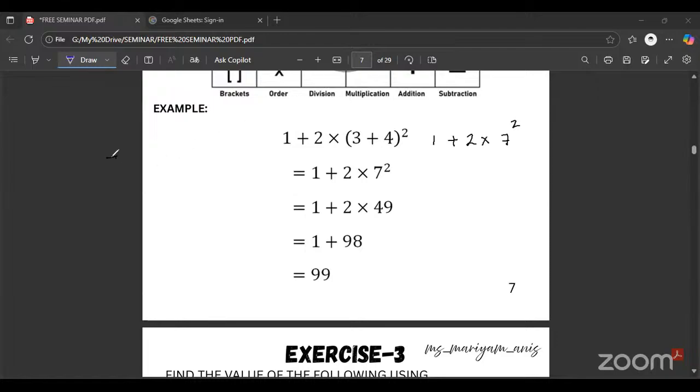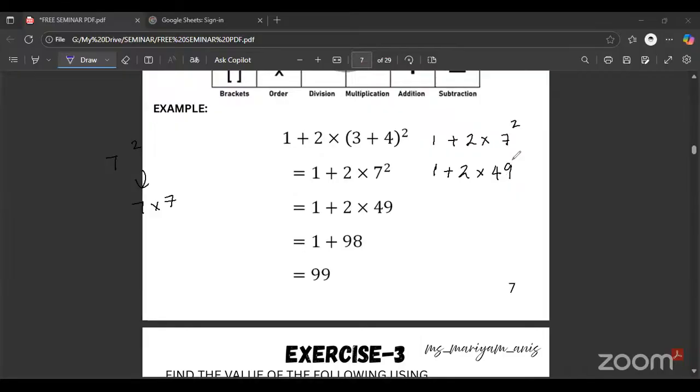If it's 7 to the power 2, it represents 7 into 7. Now say what's 7 into 7? 49. So it will be 1 plus 2 into 49.